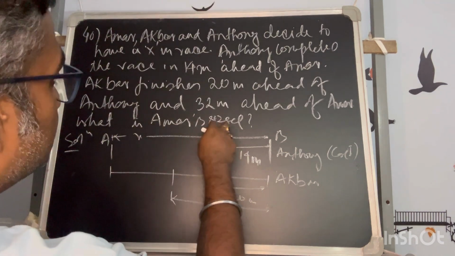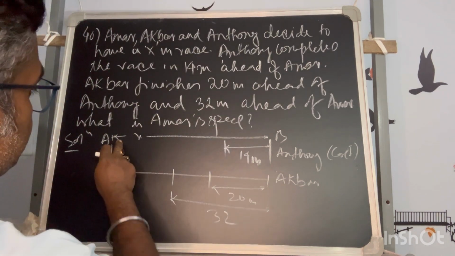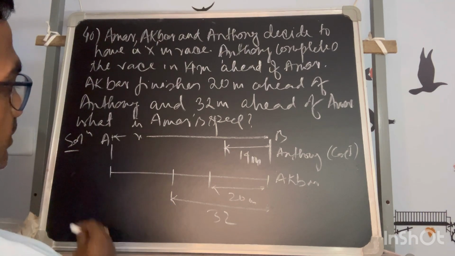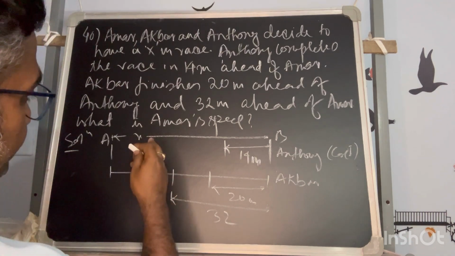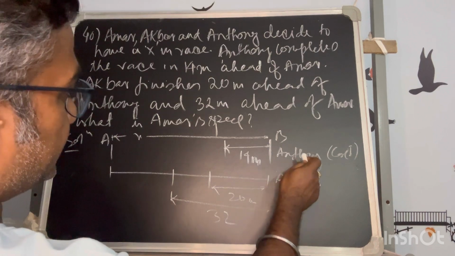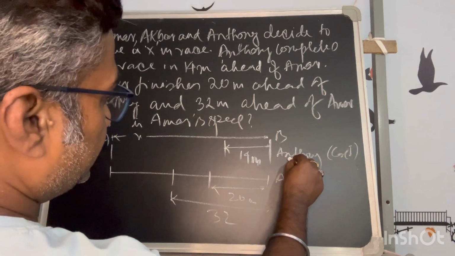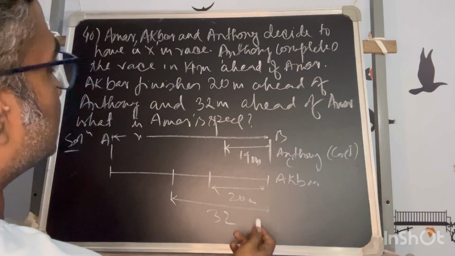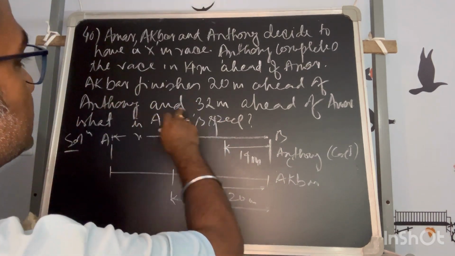Now we need speed. So if X meter is covered in the first case by Anthony, accordingly I will take the speeds. All are A, no? So there is no distinction.